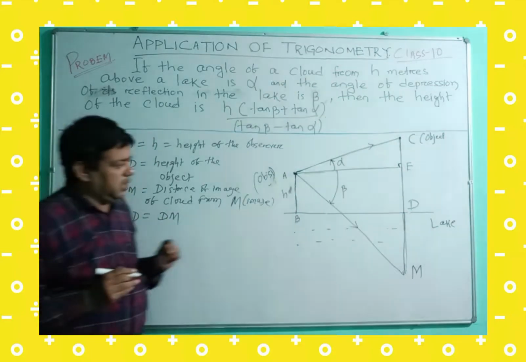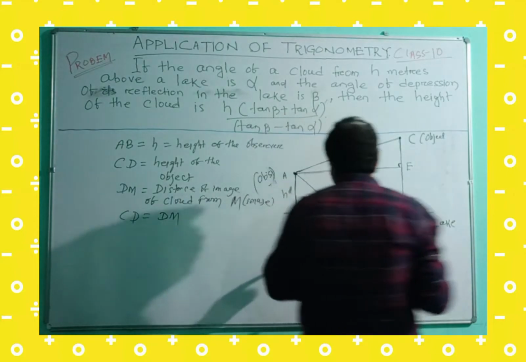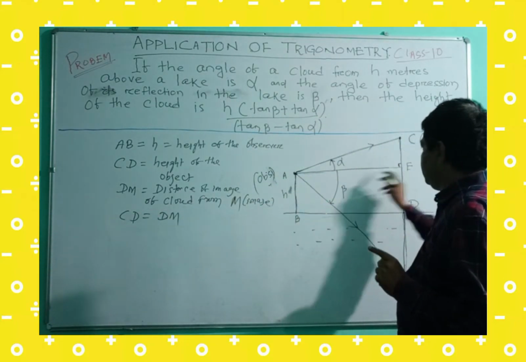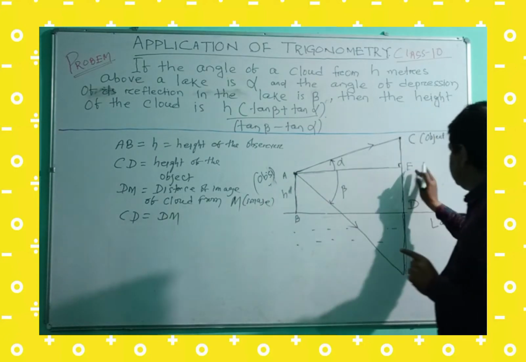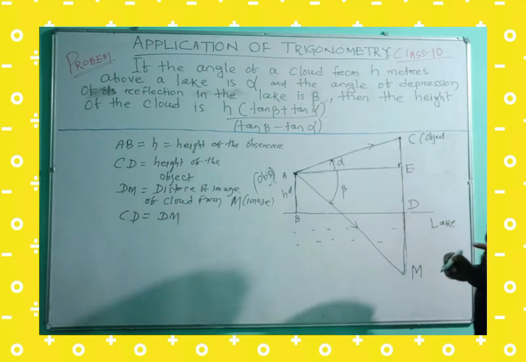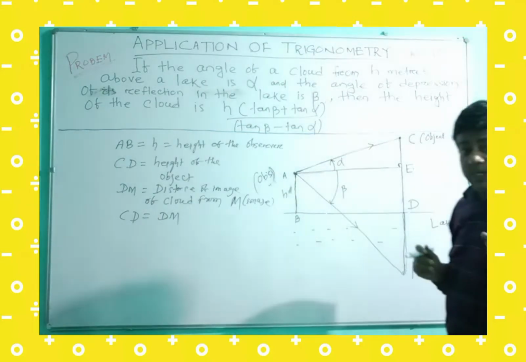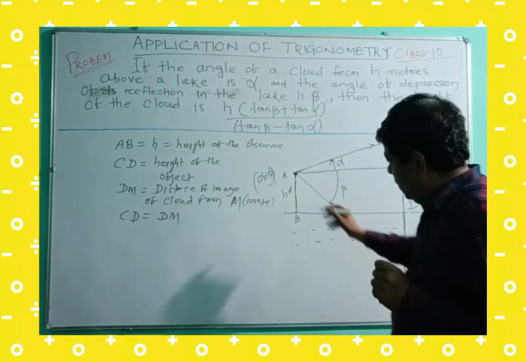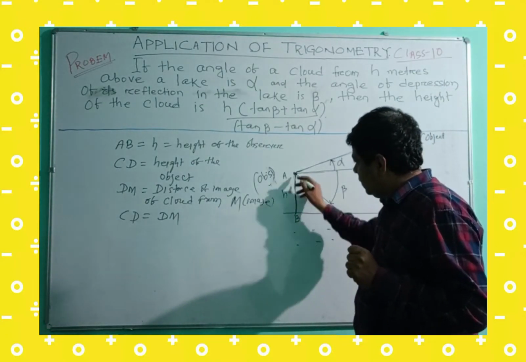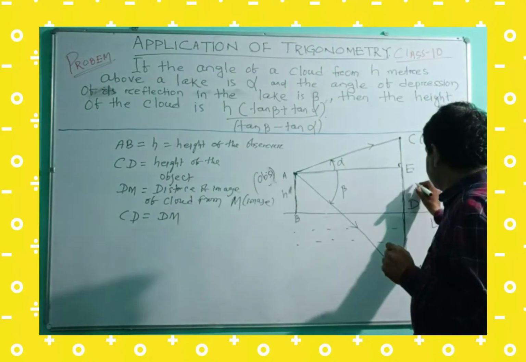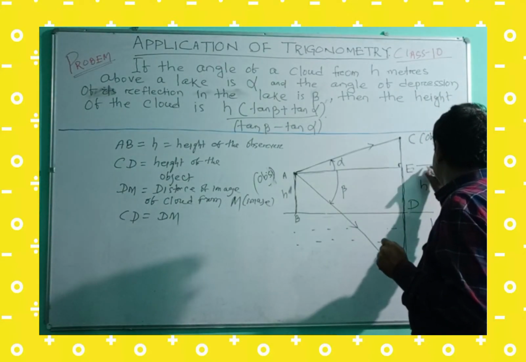Now look at here, and if you see clearly, you are getting A, B, D, E. Look once again, this is a rectangle. And all of you know the opposite sides of a rectangle are what? Equal. Yes or no? So AB must be equal to DE. So this will also be H, right? Understand?